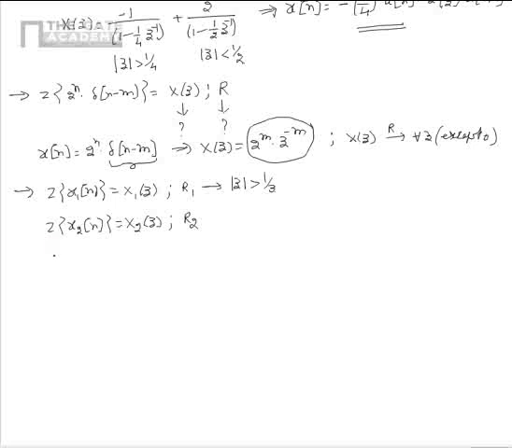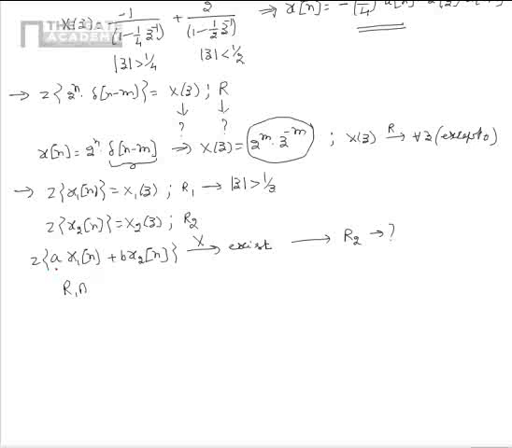Now it is given that the z transform of a into x1 of n plus b into x2 of n doesn't exist. So we need to find the possible ROC R2.